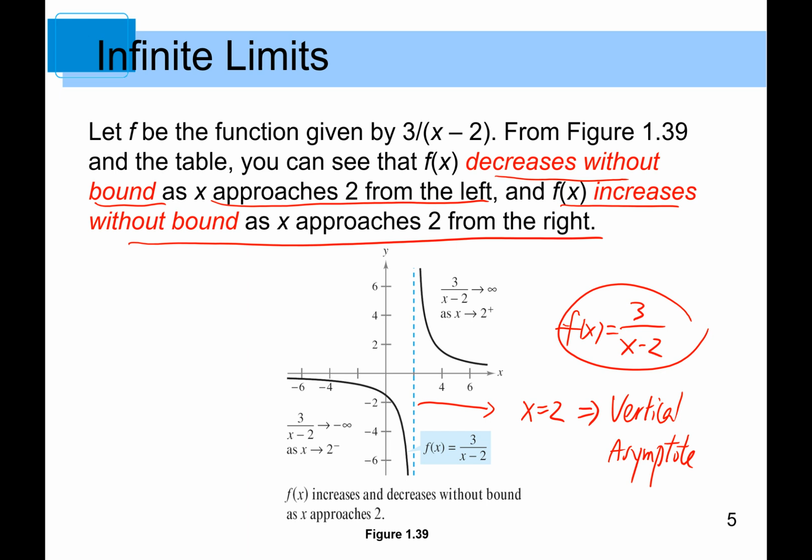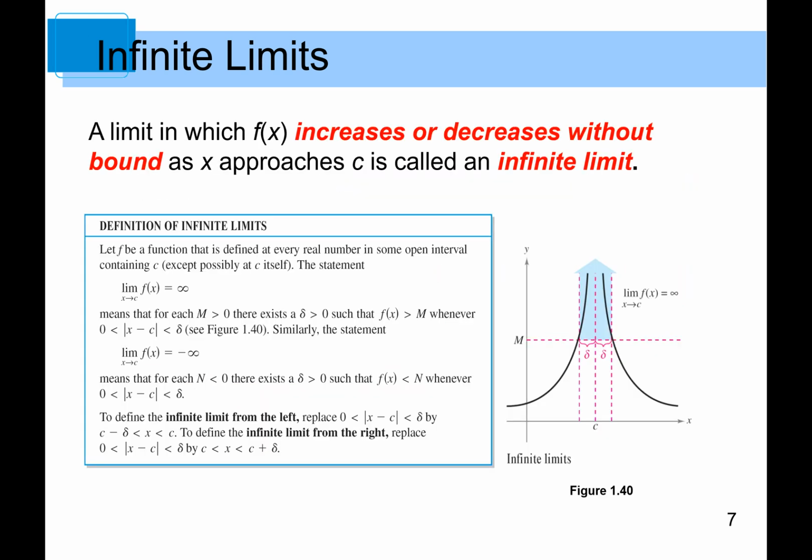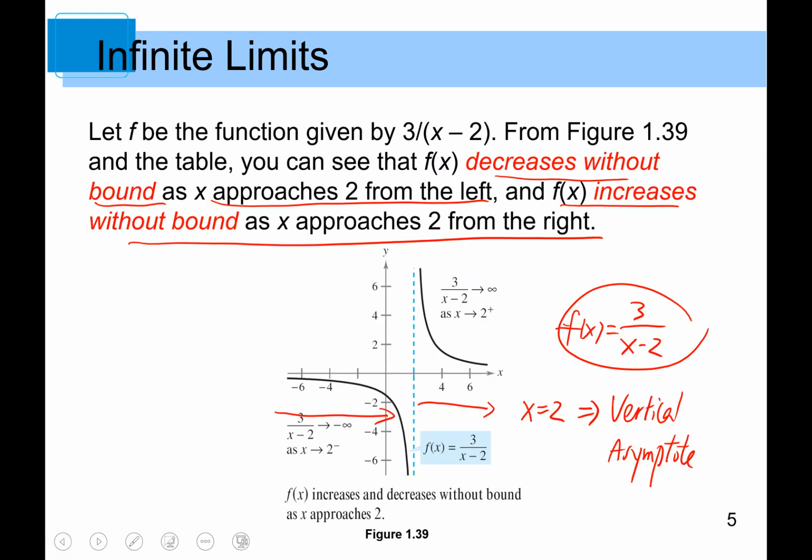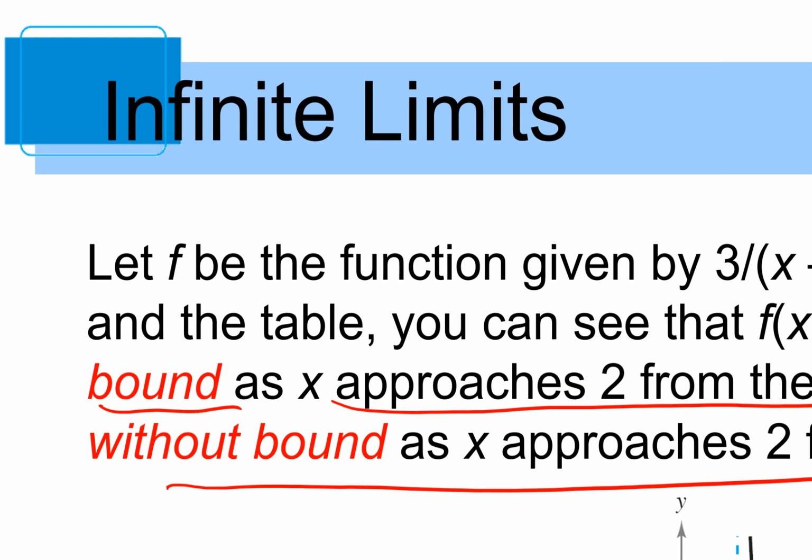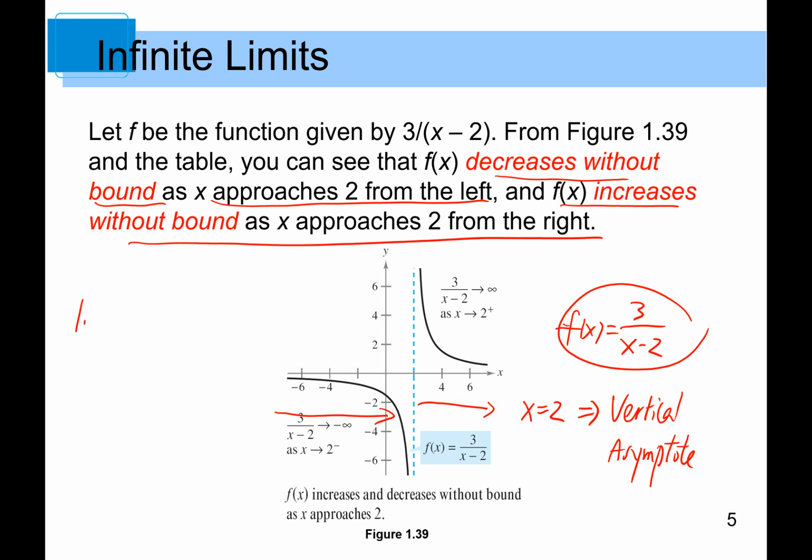As you can see, in terms of limits, when we make x approach 2 from the left, from this side, the limit becomes negative infinity. So the limit as x approaches 2 from the left of 3 over x minus 2 becomes negative infinity.